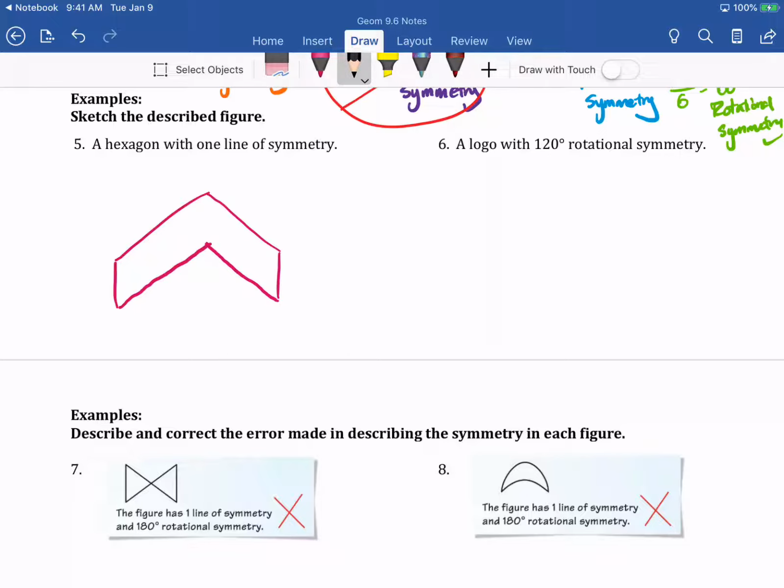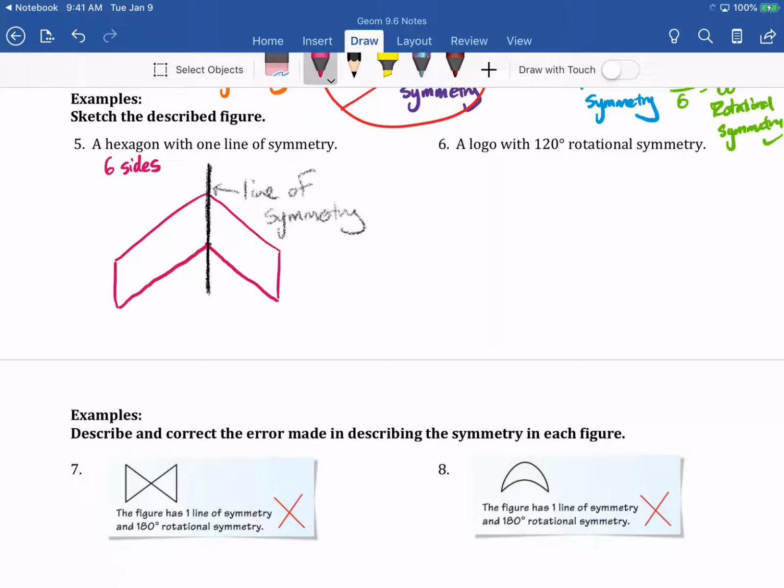And notice if I drew this line right through here, it would have exactly 1 line of symmetry. So it had to have 6 sides, but it couldn't be a regular hexagon. Then this right here would be that 1 line of symmetry. So it can have a line of symmetry if it's this type of hexagon. And there might be more ways to do that. That's just the way that came to me.